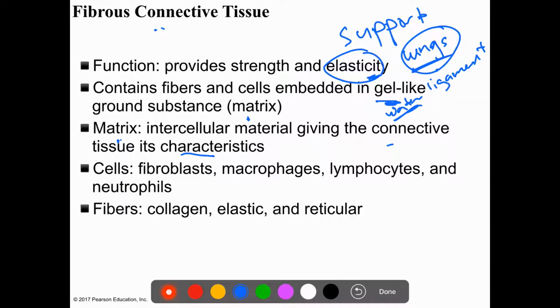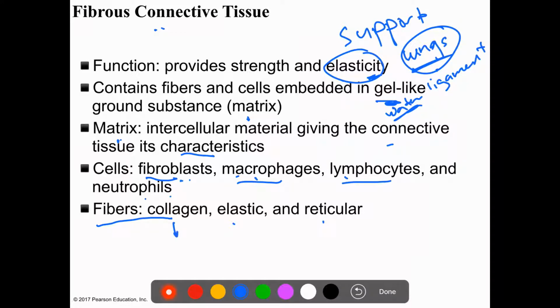For the cells of these fibrous connective tissues, we have different types of cells. We have fibroblasts, macrophages, lymphocytes, and neutrophils. Each one of these cells performs a different function. We're not going to cover them in detail, but just understand that these are different types of cells performing different functions. And also we have different types of fibers: collagen, elastic, and reticular.